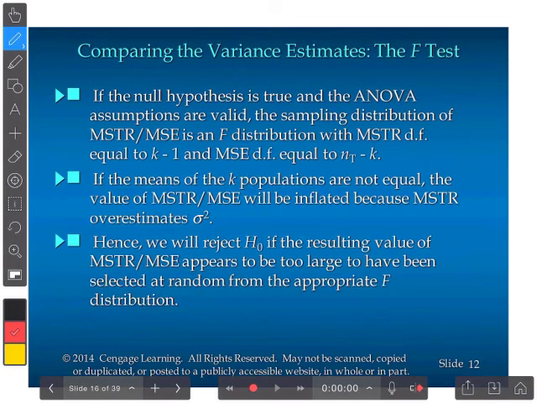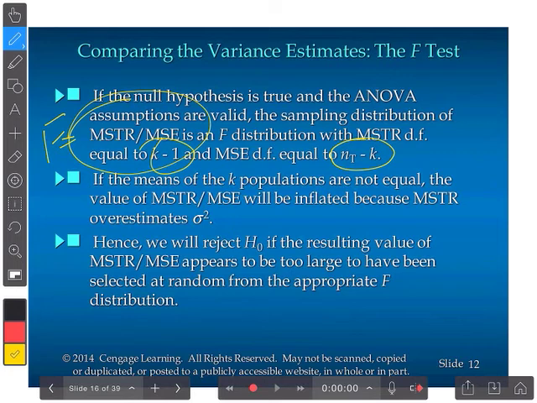So here's how we will measure the strength of our evidence: we will generate the F distribution using the mean square between treatments, MSTR, divided by the mean square within treatments, MSE. That's the ratio of the 2 variances, and that's an F distribution. For the MSTR, the degrees of freedom is k minus 1. For MSE, it is nt minus k. And so we have the numerator degrees of freedom and the denominator degrees of freedom.